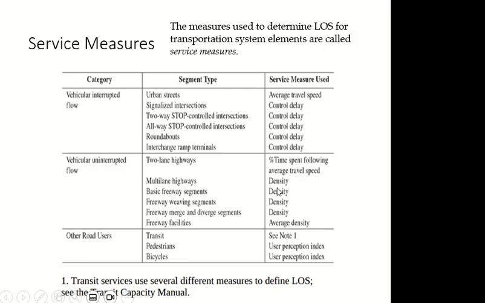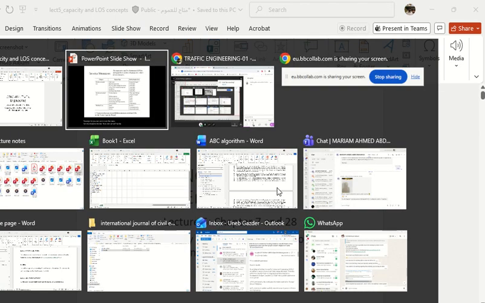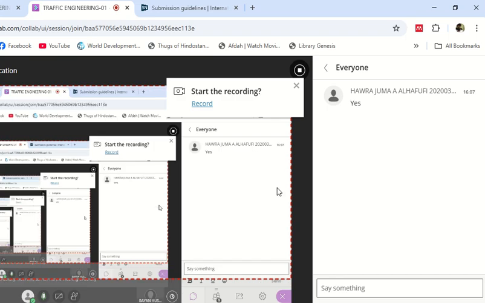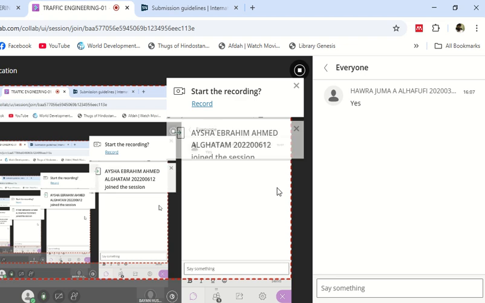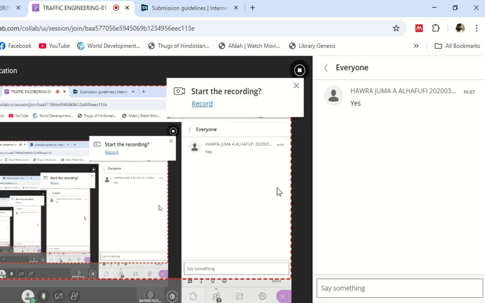Now who can tell me the meaning of density? What does density mean for traffic? We have discussed it earlier, in lecture 1 and so on. So what do we mean by density? Traffic density is what? It's a ratio of what?